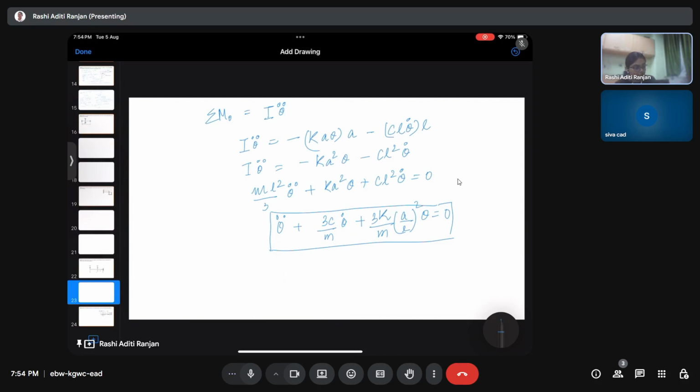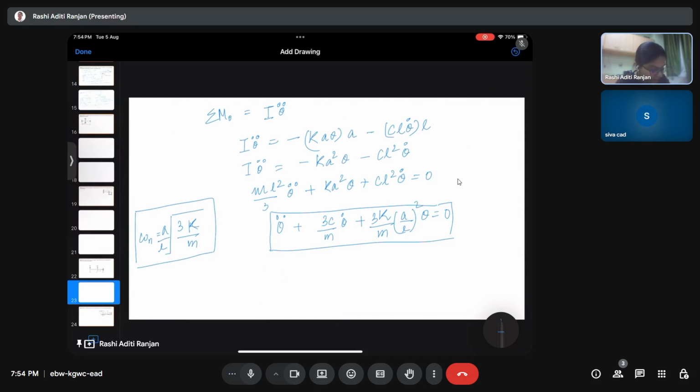Firstly, omega n is under root of 3k by m, and we can just keep the a by l out like this. This is going to be the natural frequency. Second one is finding cc. So we'll just do it both the ways quickly.